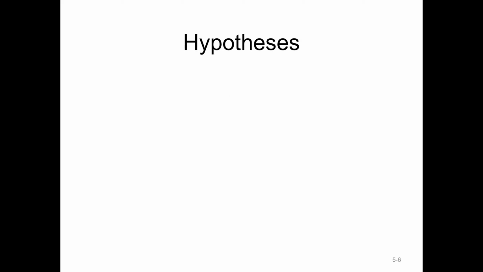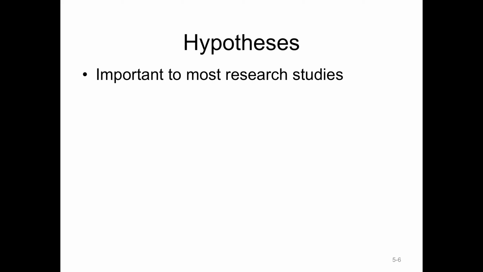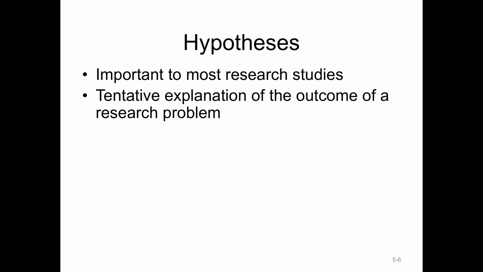Now, hypotheses are important, and some of the papers you're reading will have a hypothesis. Some may not, and we'll talk about that a little now. It's really important for most research studies. It's a tentative idea for the explanation of the outcome of the research problem, your idea of how to answer the research question.